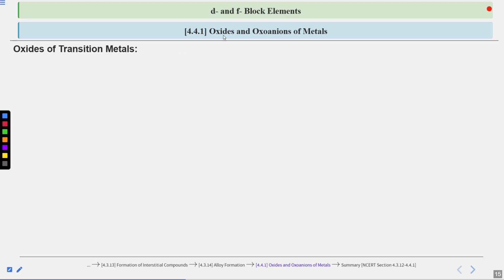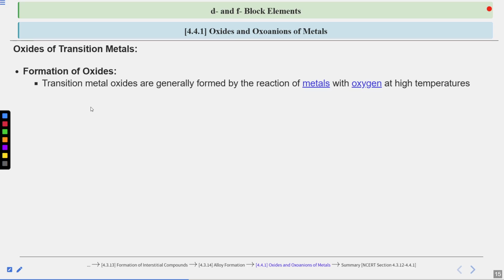Now let's talk about another subsection, oxides and oxoanions of metals, 4.4.1. Let's talk about oxides of transition metals. First, let's cover the formation of oxides. Transition metal oxides are generally formed by the reaction of metals with oxygen at higher temperature.